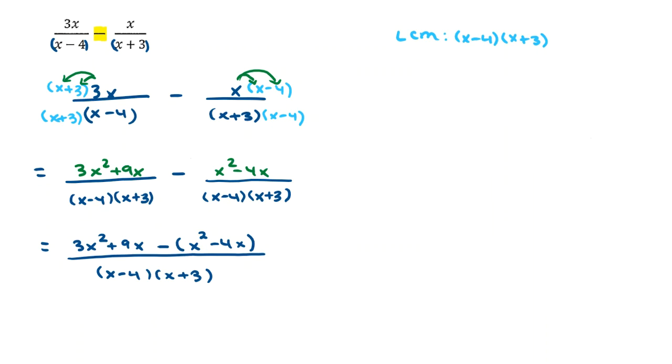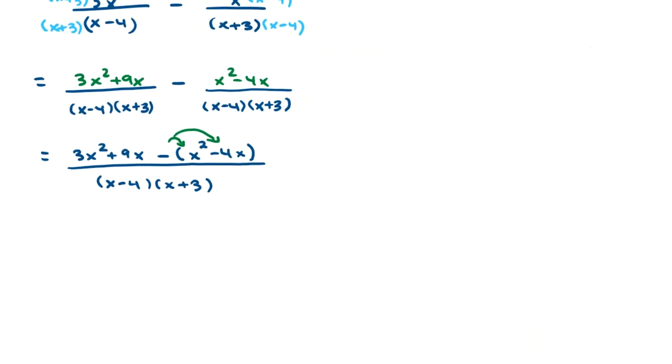So we can go a little bit further with the top by clearing parentheses via distribution of the negative there. And what we'll have next is 3x squared plus 9x minus x squared plus 4x, all over, you guessed it, the LCM, x minus 4 times x plus 3.